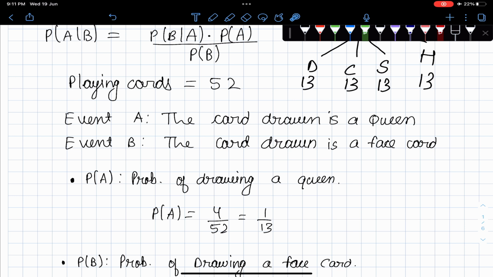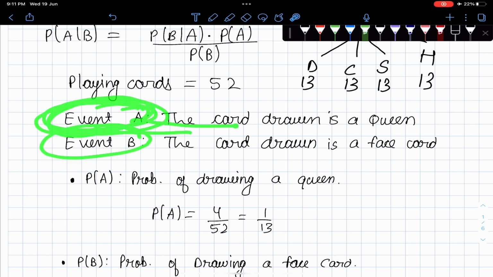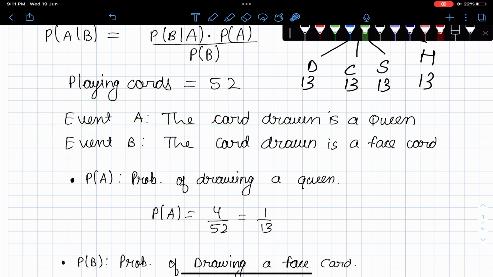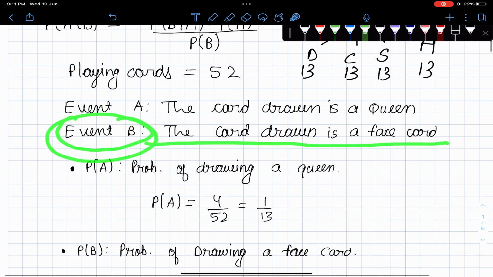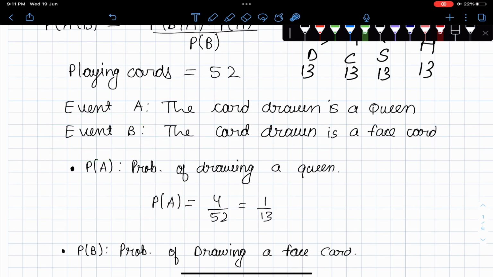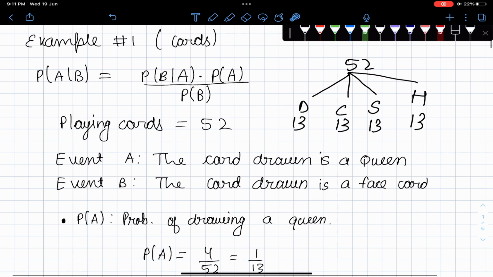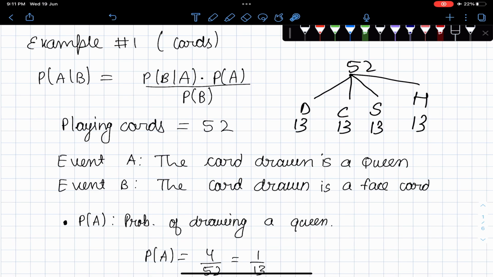We cannot say first or last, but we have two events. Now we have to find the probability of a queen card given that a face card has already occurred, that the face card has been drawn.